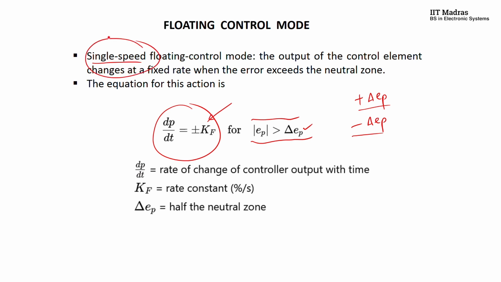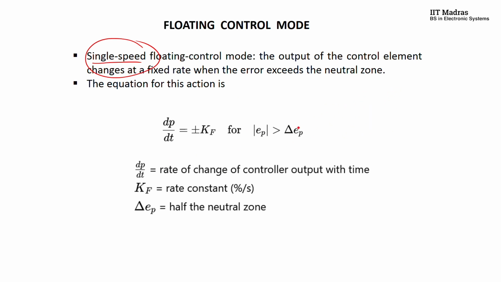So logically speaking, if you wanted to have a multiple speed floating control mode, then why can't I keep this value changing? Change this value. If you think logically here, what if the error bound is higher? Then Kf should be higher, right? Kf can be higher if delta EP is higher.